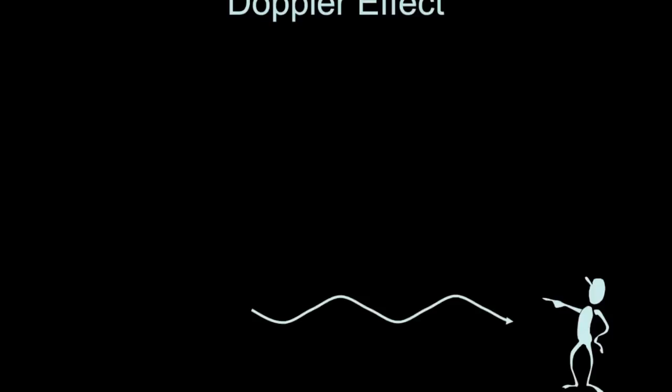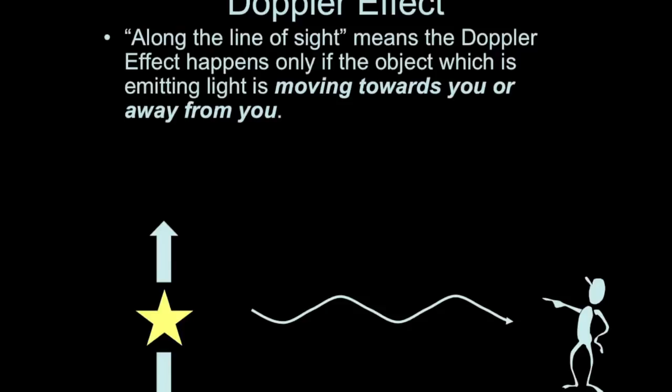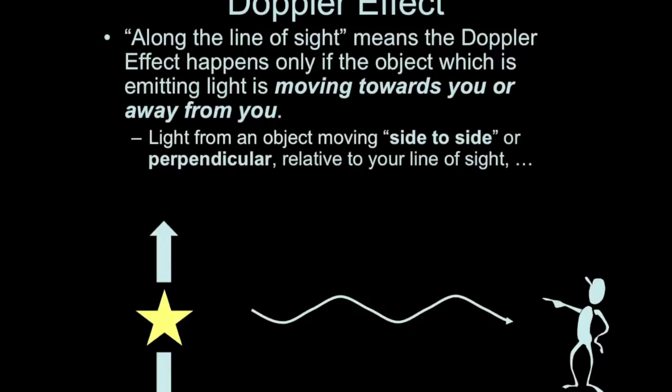And so if the star is moving towards or away from the observer, we'll be able to detect a Doppler shift. But if the star is moving side to side or tangential with respect to the observer, it's not moving towards or away, so we won't detect any Doppler shift here. So side to side or perpendicular motion, no Doppler shift.